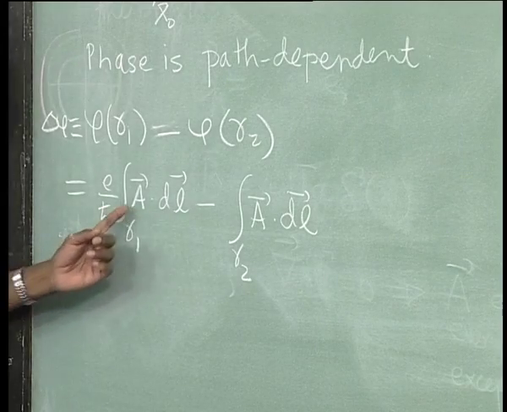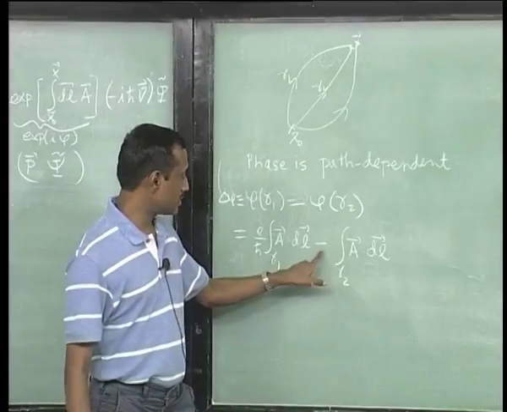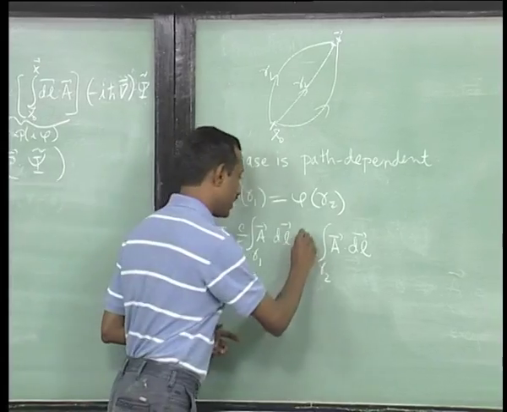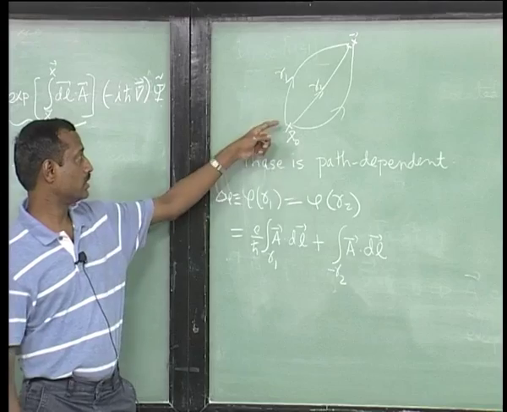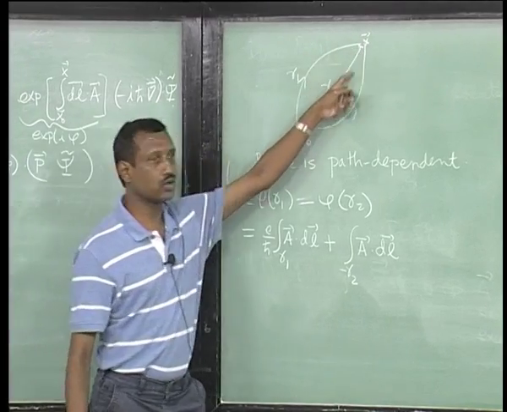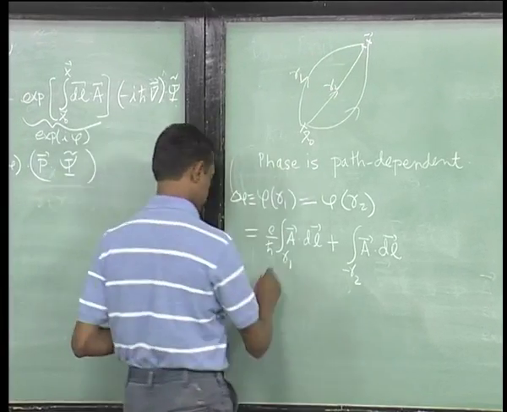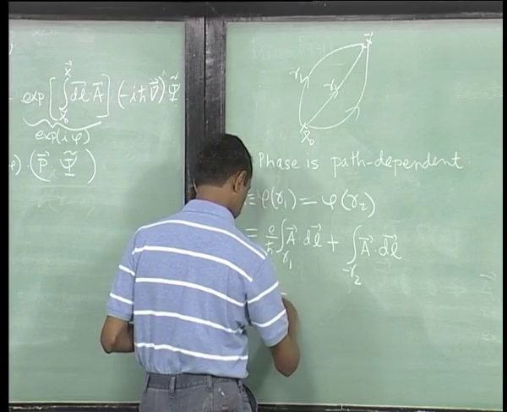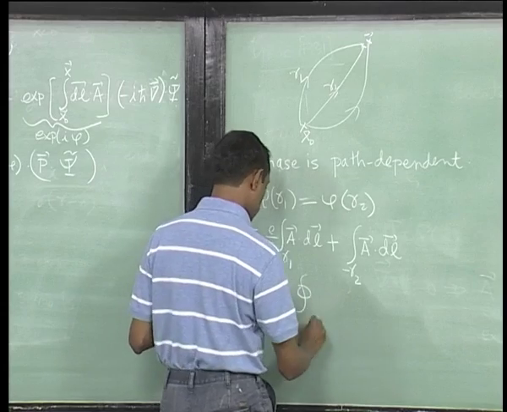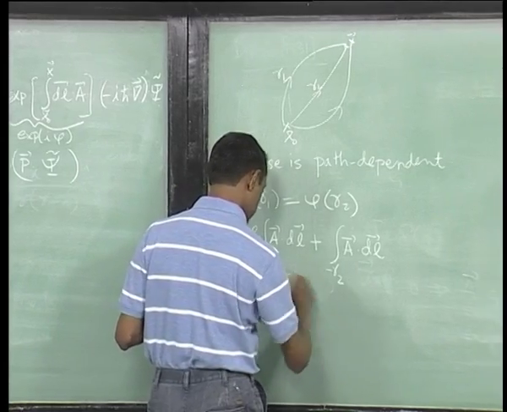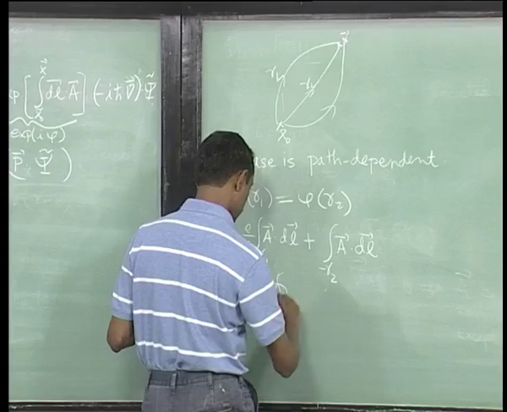But using a nice property of the integrals, I can write this as plus the integral over minus gamma 2, which means just change the orientation of this path. So this combines to give you a closed loop, which is given by the sum of these two A dot dl.